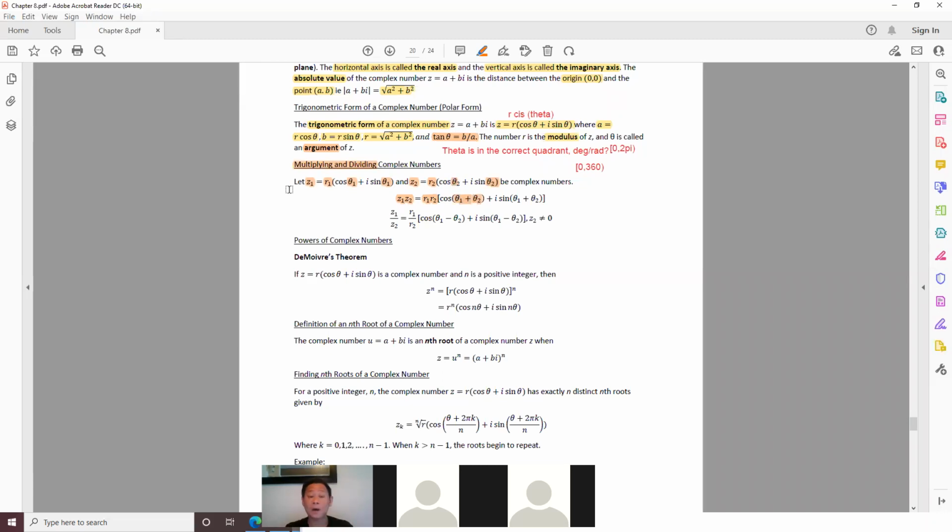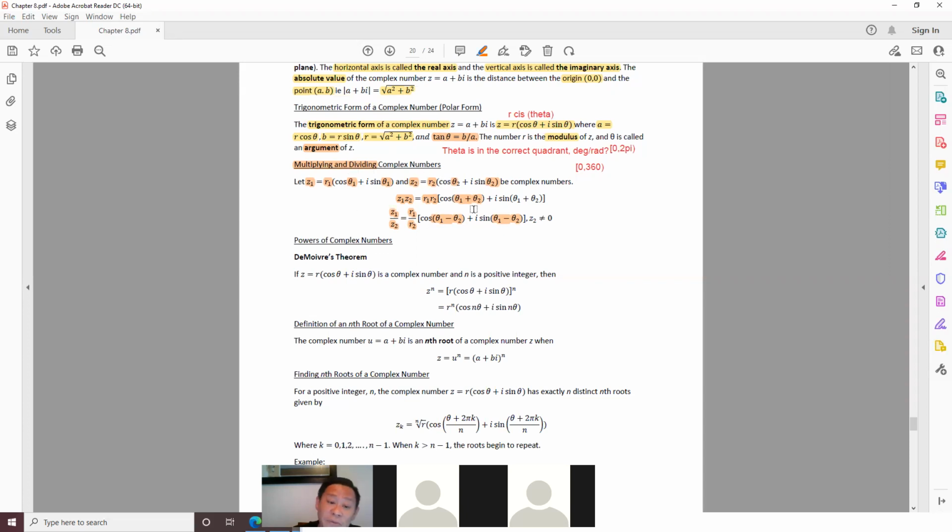Okay. So if you multiply two complex numbers, your modulus R, you multiply. But for the theta, the arguments, you add them. But if you divide, then you take the moduli, the R's, and divide them, and for your angles, we just subtract them. Okay. So don't forget, in order for you to do this, it has to be in CIS form.